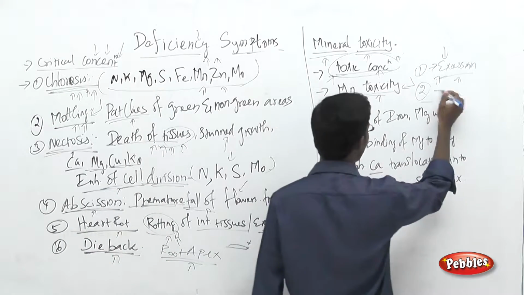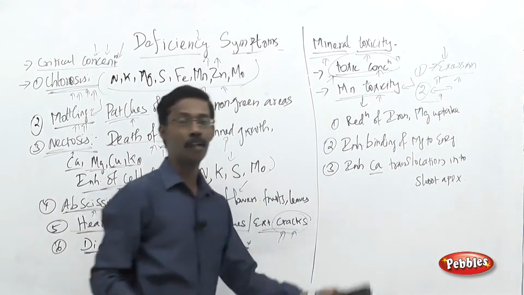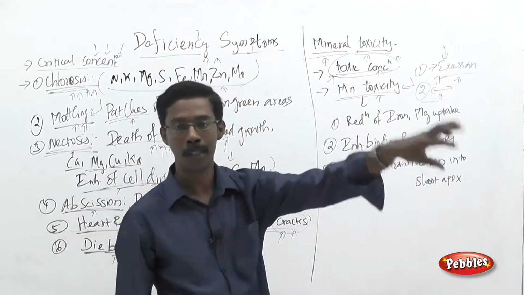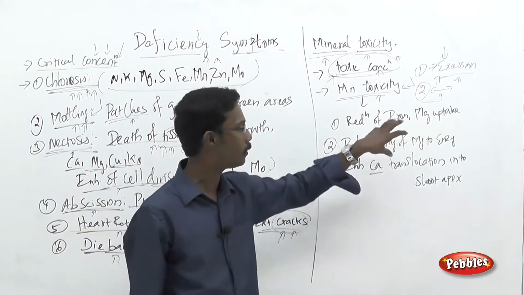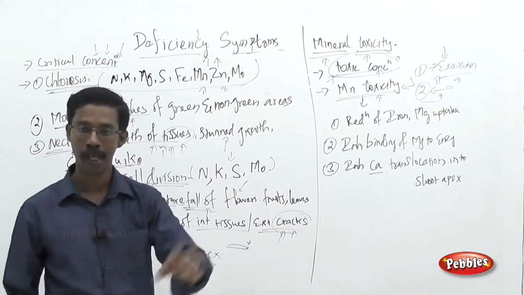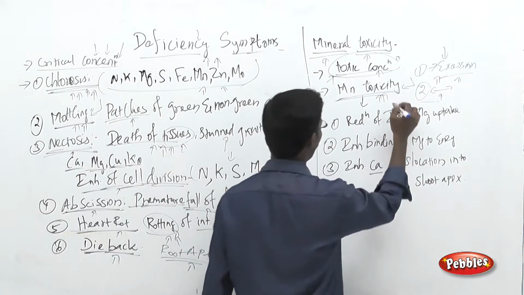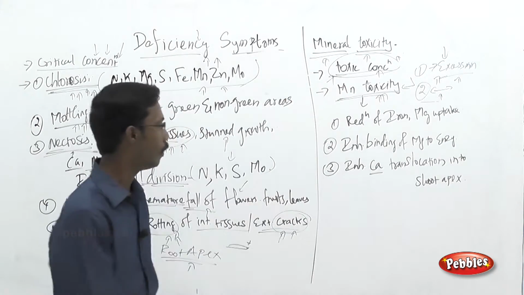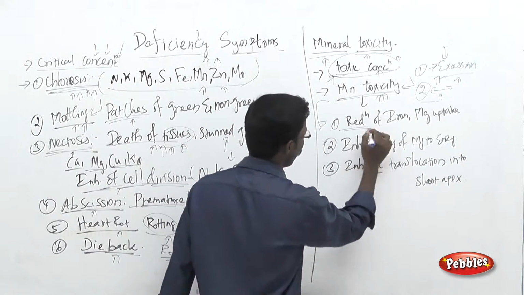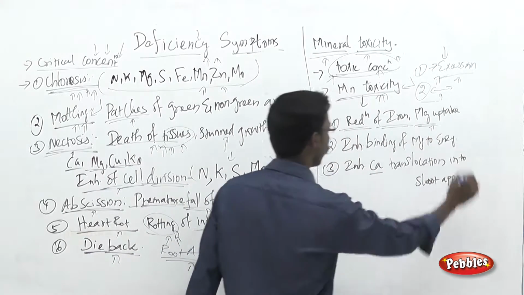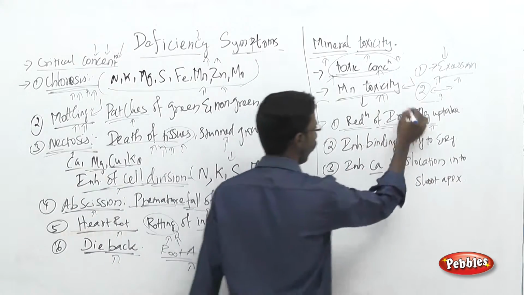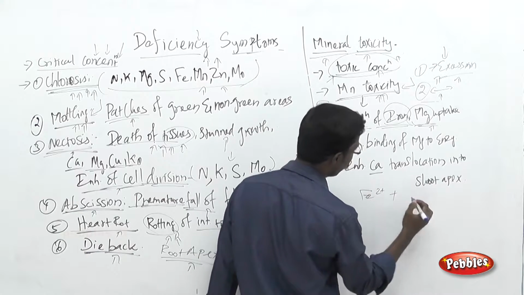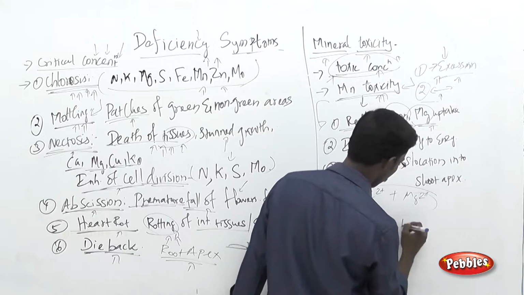In the second case, you are going to see the deficiency of some other minerals, because the excess presence of the particular mineral interferes with the accumulation of those other minerals. That is what we see in this example, manganese toxicity. The presence of an excess amount of manganese reduces the ions of iron, Fe, and magnesium.